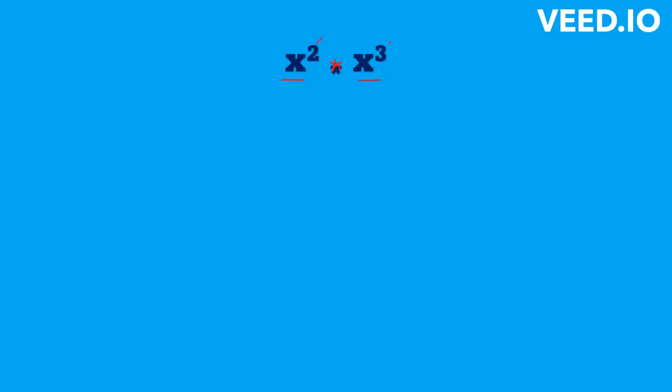Exponents are different, we just keep the base as is. You don't have to change it. The exponents we have to add up. That comes to x power 5.